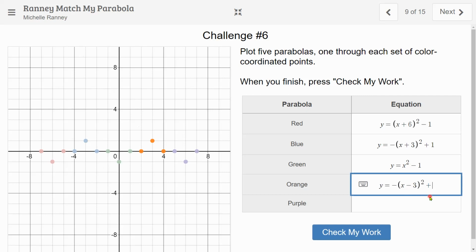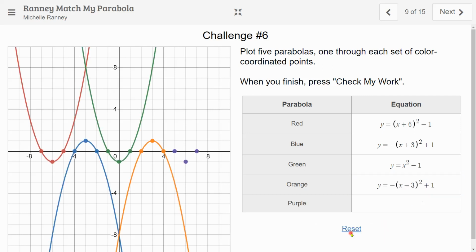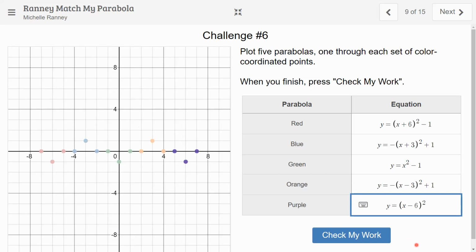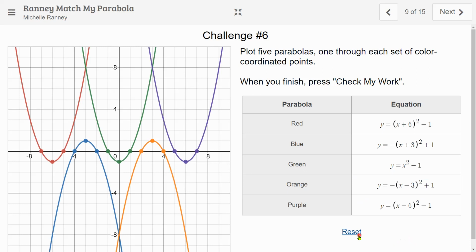And then I want +1. And then the last one here, 6, -1. So y is equal to the quantity x minus 6 squared. That's going to move it right 6 and then down 1. Okay, just having you practice left, right, up, down, flipping.